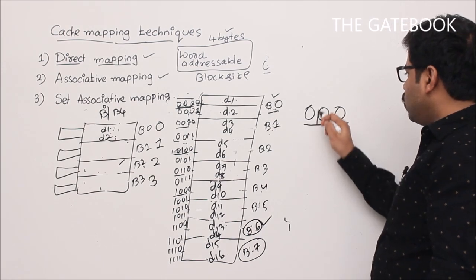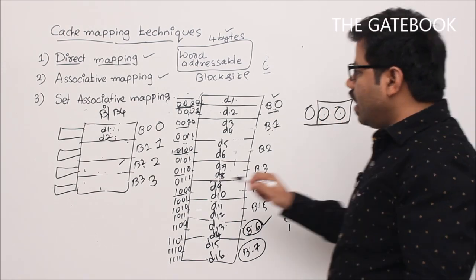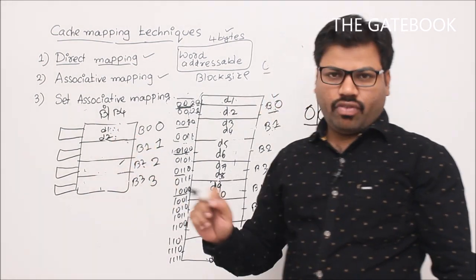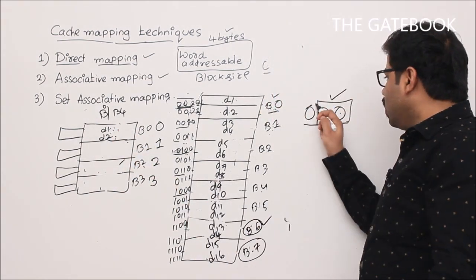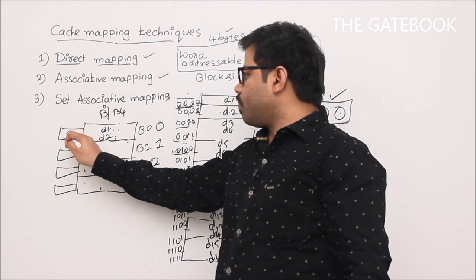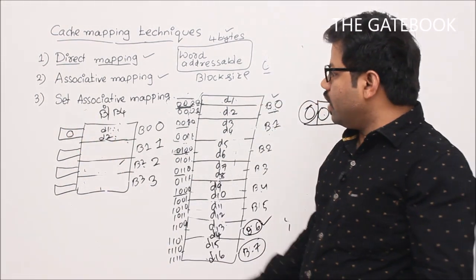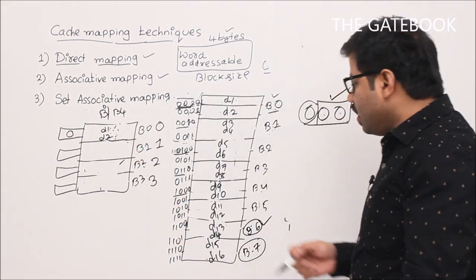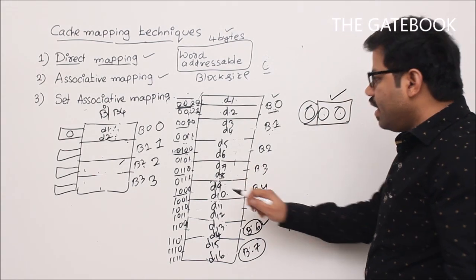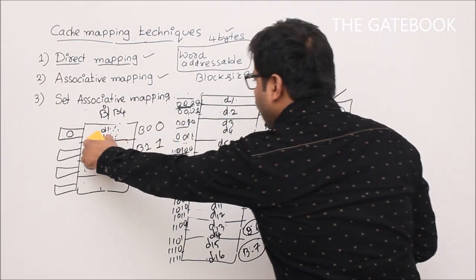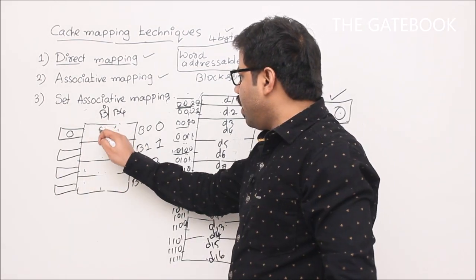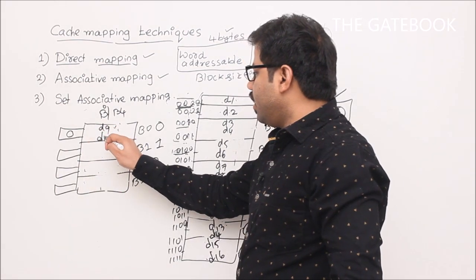Since these 2 bits are 0, 0, that's why we are keeping block number 0 here. This 0 I write here if the data stored is D1, D2. If the data stored is D9, D10, I simply write D9, D10.